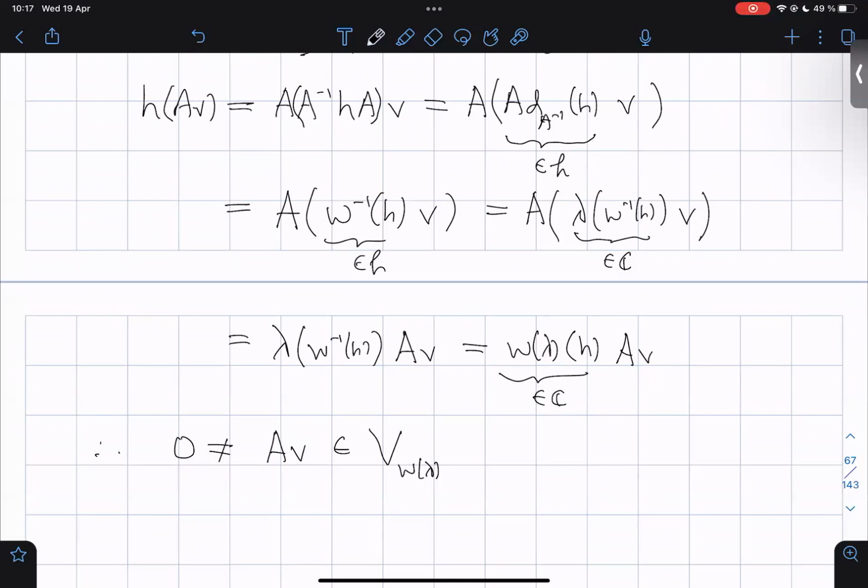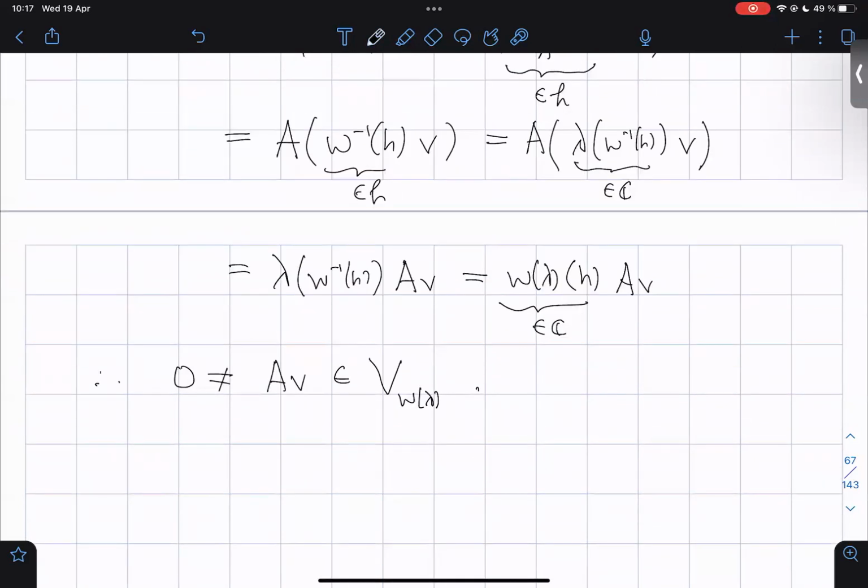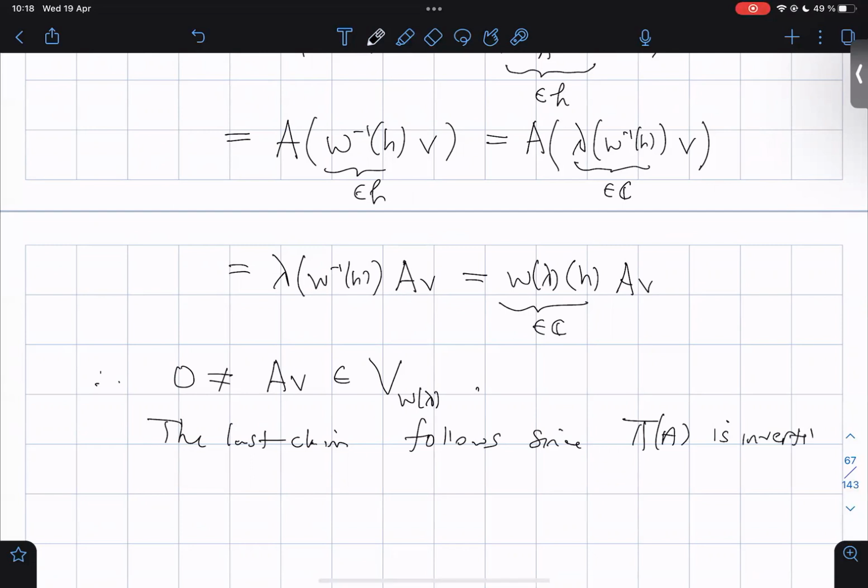But moreover, the second statement about the multiplicity being the same, the last claim follows since pi of A is invertible. So we have a group to play around with, is the moral here.